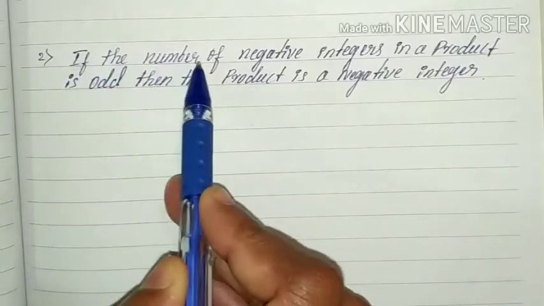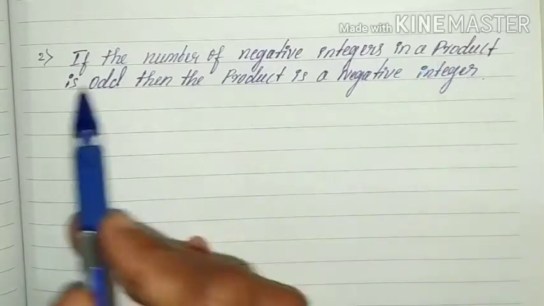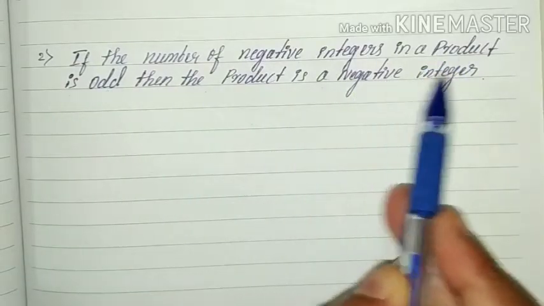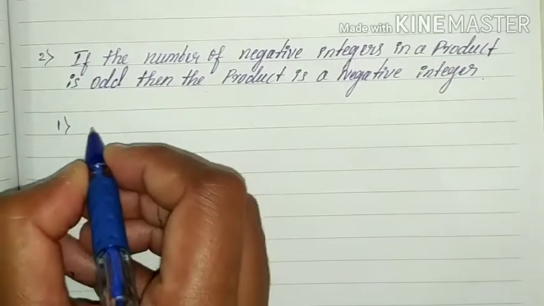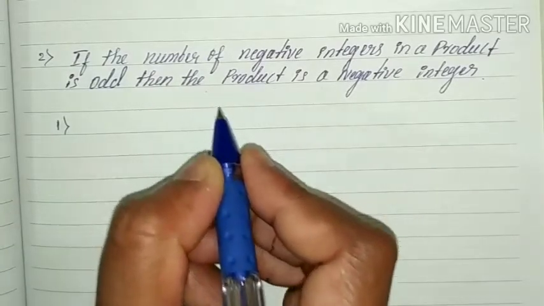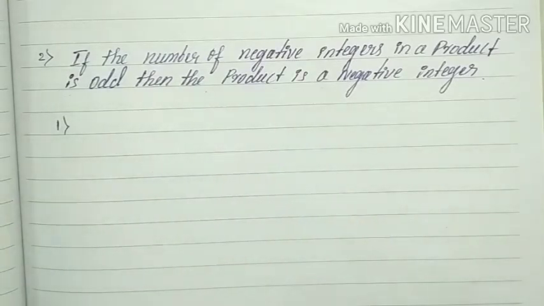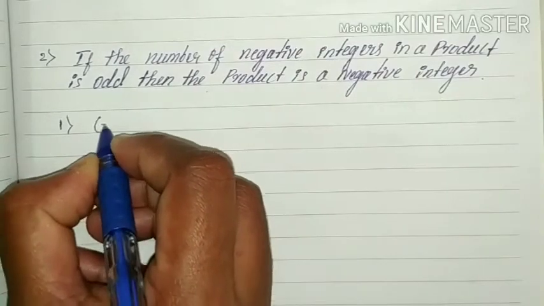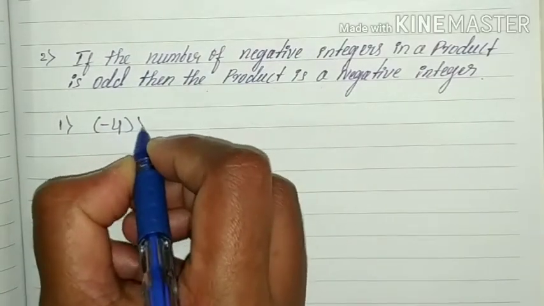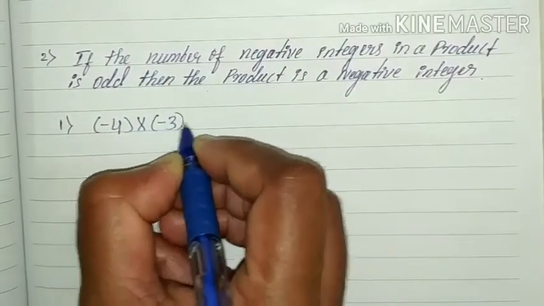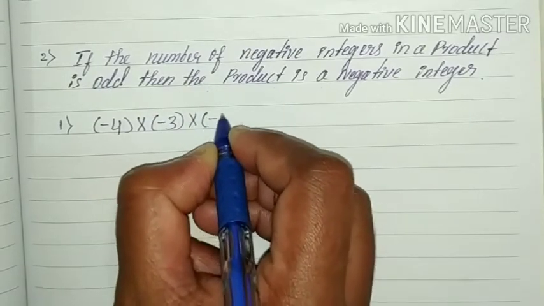Second one, if the number of negative integers in a product is odd, then the product is a negative integer. For this one, I will take an odd number of negative integers in a product. See here, -4 into -3 into -2.